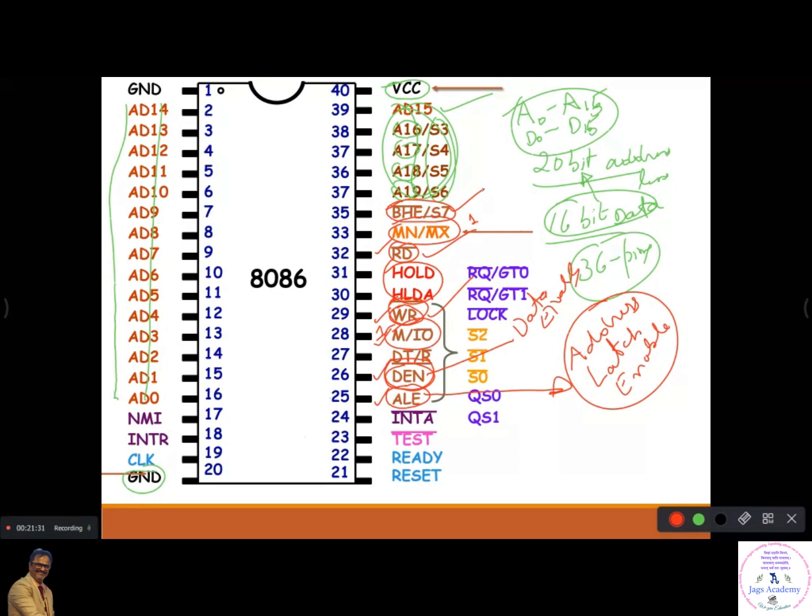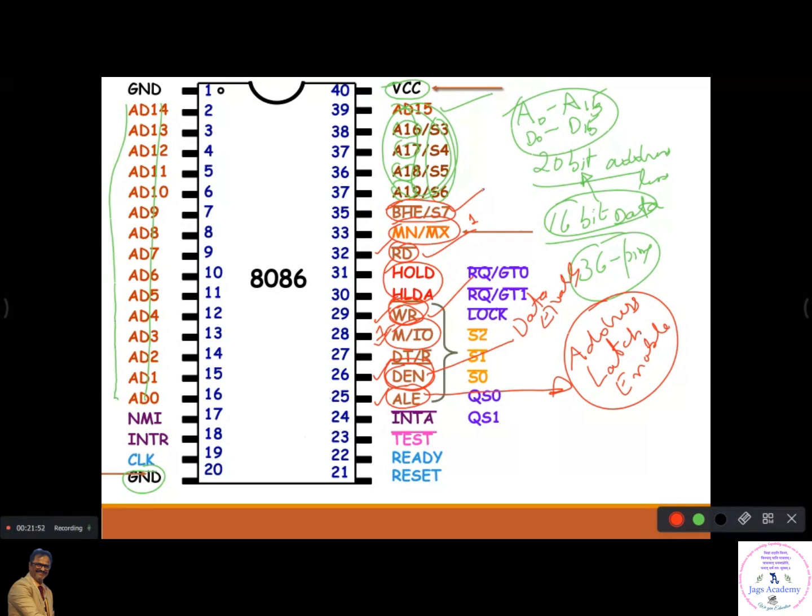Suppose you want to take only half of that, only 8 bits, because there are a lot of 8-bit operations possible. If you use the register AX, you also use the registers AH and AL, which are two 8-bit registers, yes or no? You also do that.